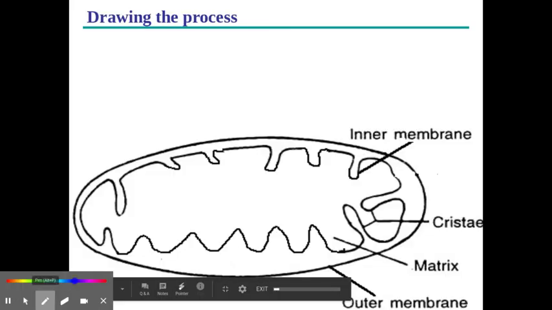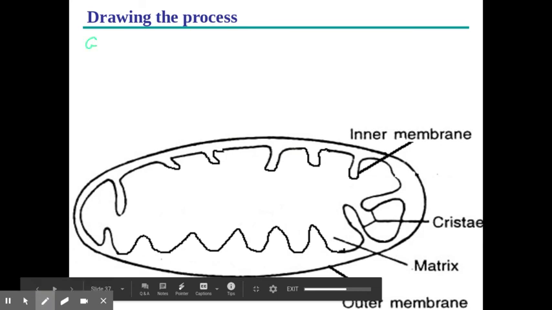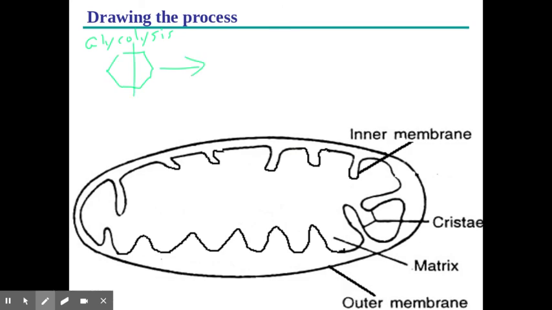All right, so here's the whole process of cellular respiration. Let me grab the green here. So in glycolysis, we break down glucose into pyruvate. Plus we make 2 ATP, 2 NADH.